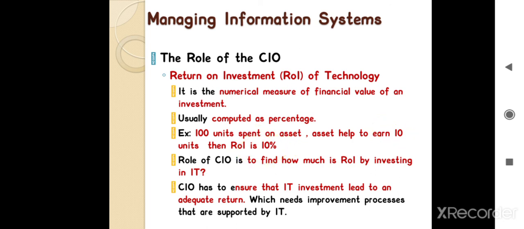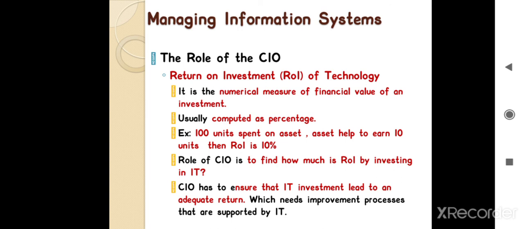Meaning, how much benefit I am getting in percentage when I invest in a new technology, whether it is giving me some ROI as a profit or not. Return on investment is the most important concept. So the role of the CIO is once again to find how much ROI comes from investing in that particular IT infrastructure.